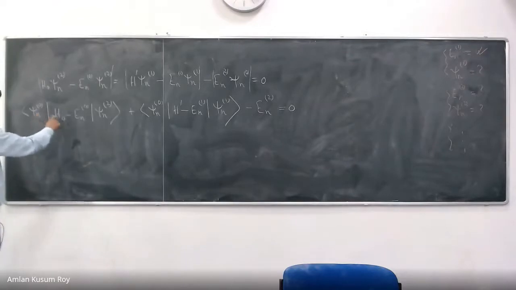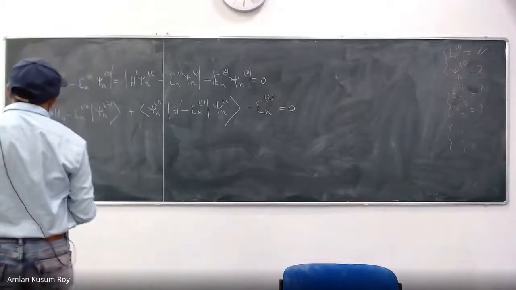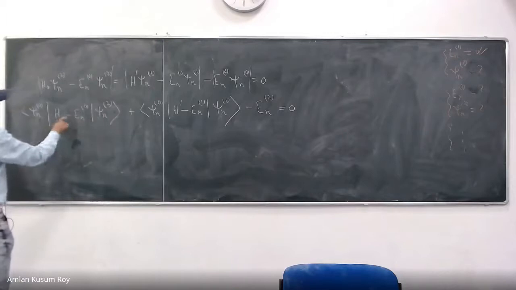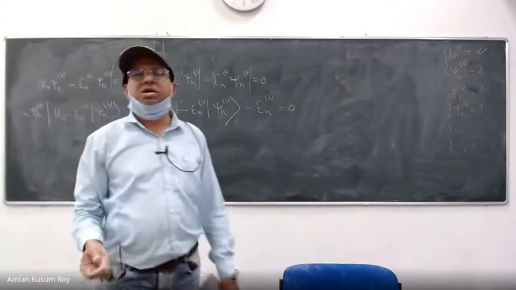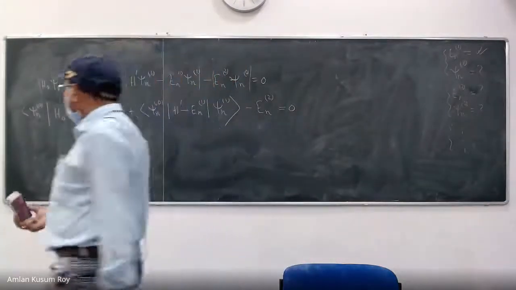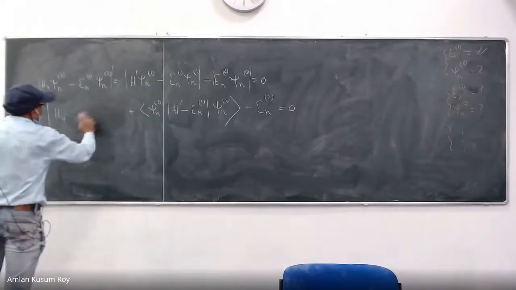So it is actually nothing but ⟨H0ψn0|ψn2⟩, and H0ψn0 means En0 ⟨ψn0|ψn2⟩. So these two will cancel, and you will get a 0 out of the first term. Madhuri, you probably meant the first term. Yes. Okay, so this is 0.